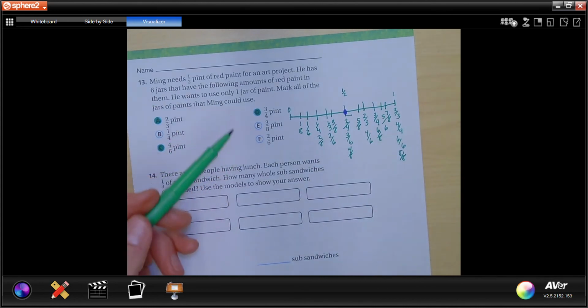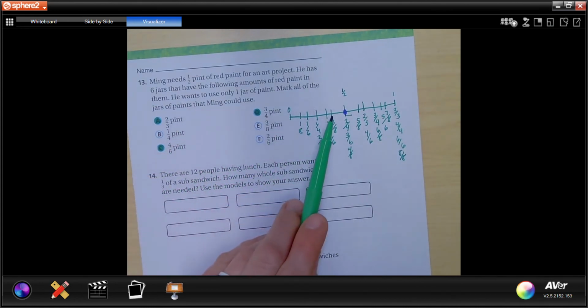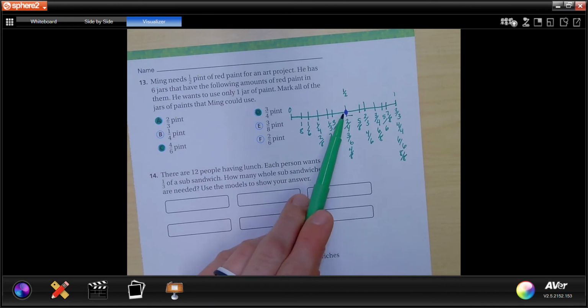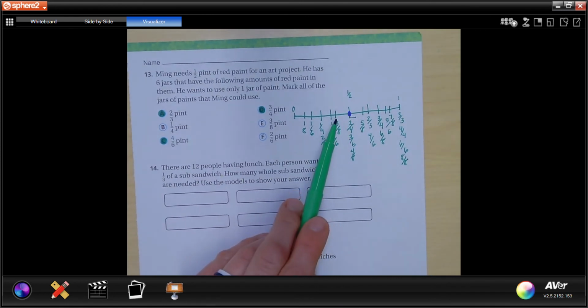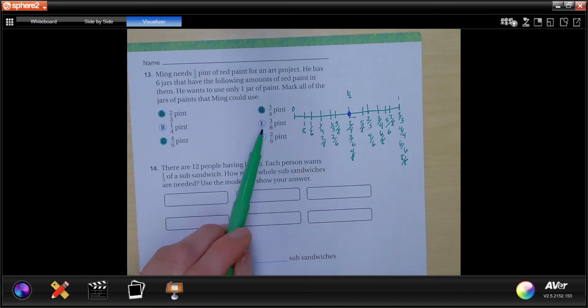Alright, so 3/8. Is 3/8 more than or less than a half? It is less than, it is not enough.